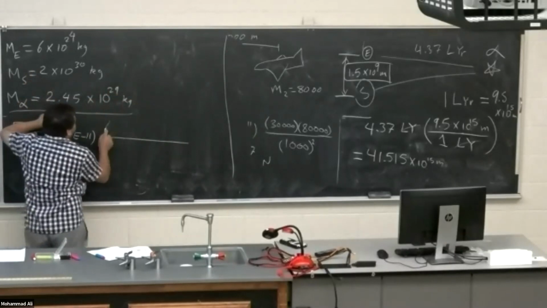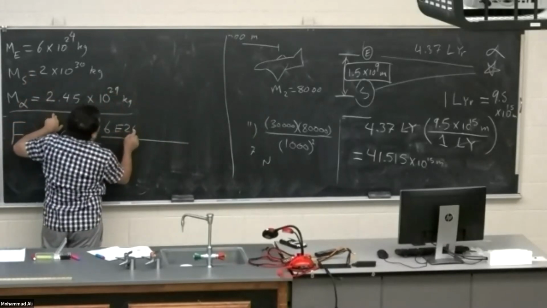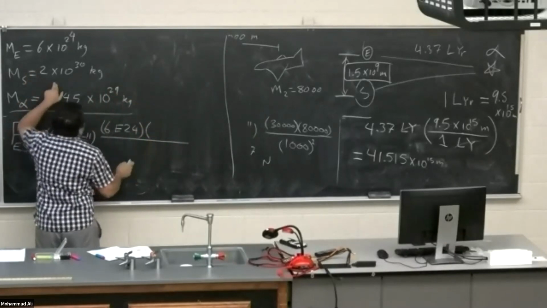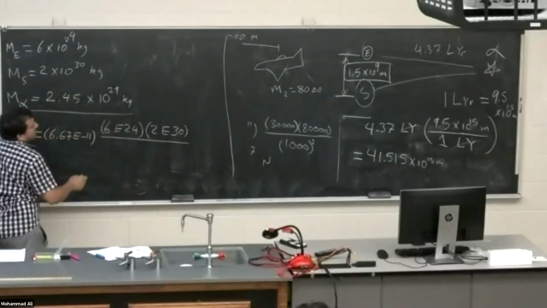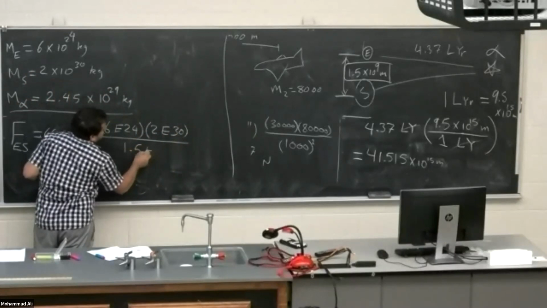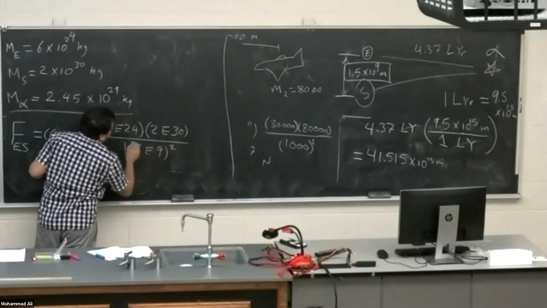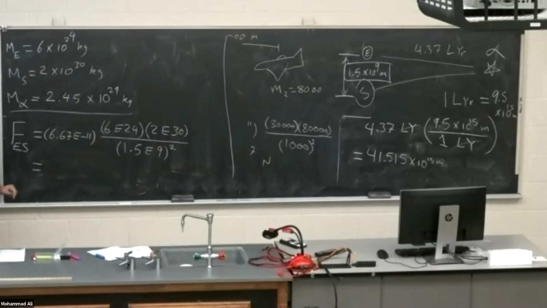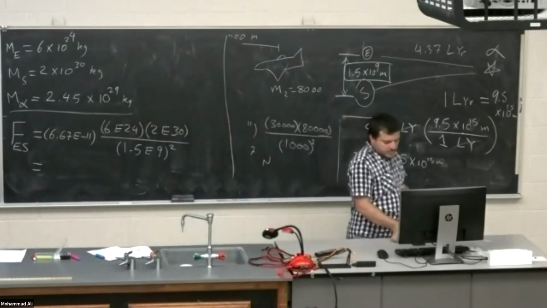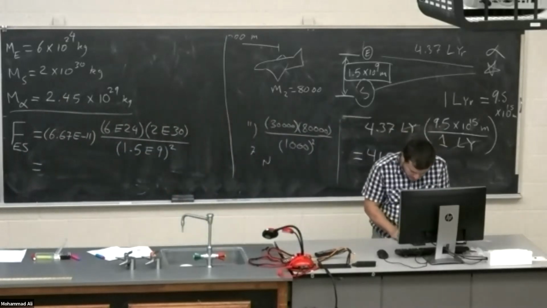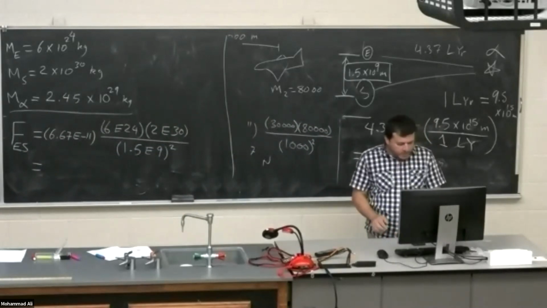The mass of the Earth is 6e24. The mass of the sun is 2e30. The distance is 1.5e9 squared.